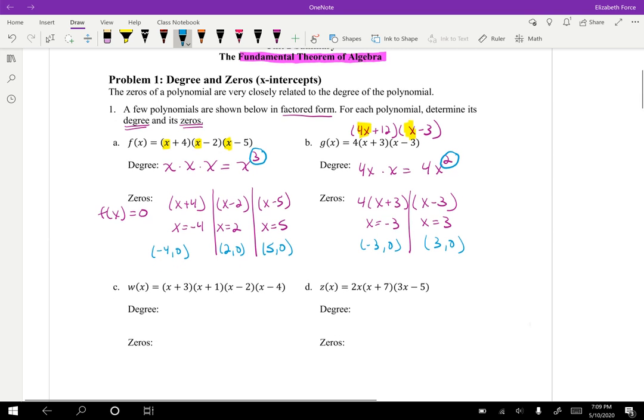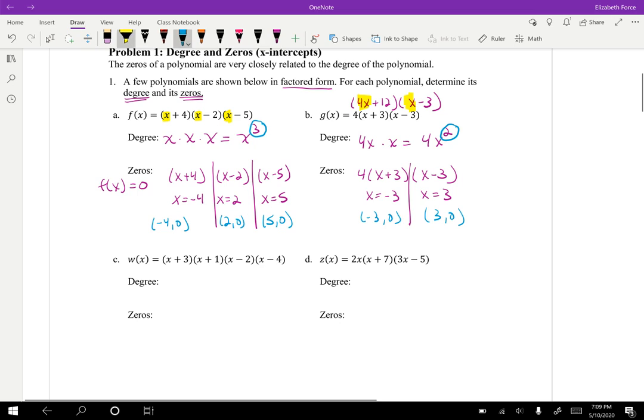So let's move over to C. All right, we got a lot of factors here. We got 1, 2, 3, 4 factors. So we've got x times x times x times x. Another way of saying x times itself 4 times is x to the 4th. So we have a degree 4. For the first factor, we've got a 0 at negative 3.